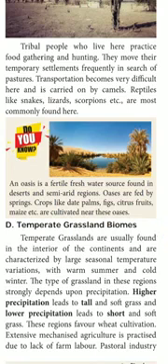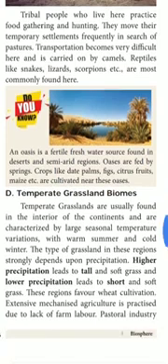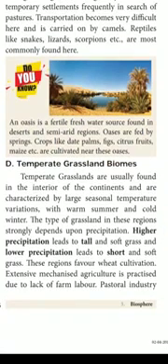Next, the fourth one is the temperate grassland biomes. What do you know about temperate grassland biomes? Temperate grasslands are usually found in the interior of the continent and are characterized by large seasonal temperature variation.